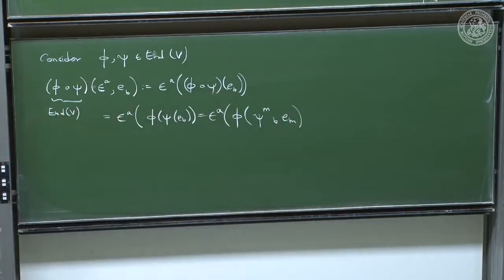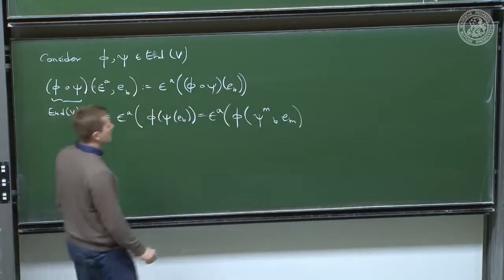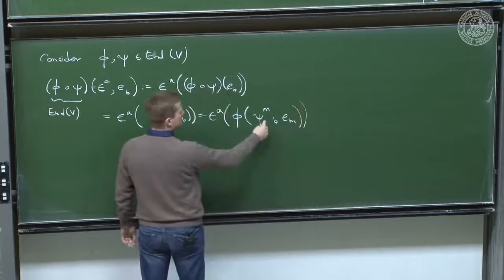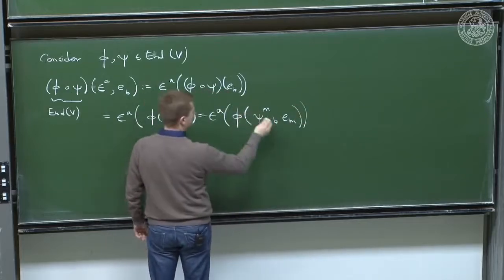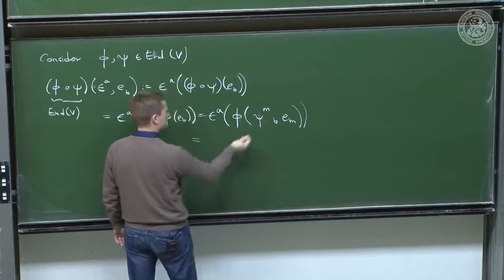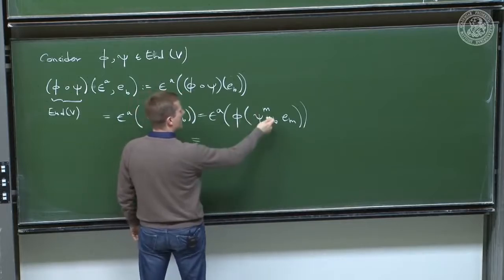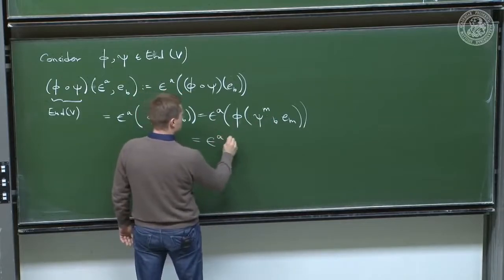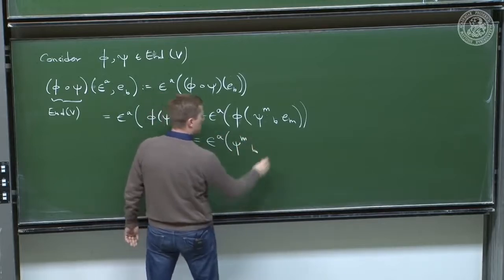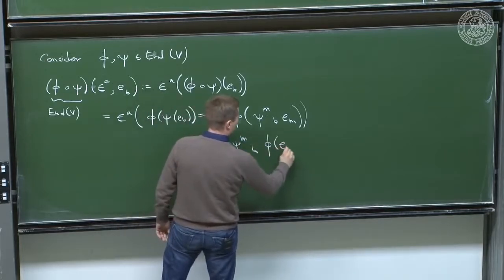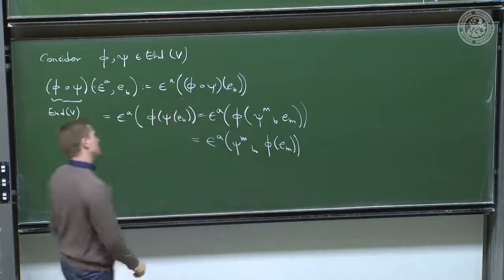That you can quickly check from what was said before. Now these are just numbers, but phi is linear. There's a sum, I can pull the sum out. Well, it's invisible, fortunately. We don't need to explicitly pull it out, we pull it out invisibly. And then we pull out the numbers as well. So this psi^M_B is just a number. And all you're left with is phi of e_M.